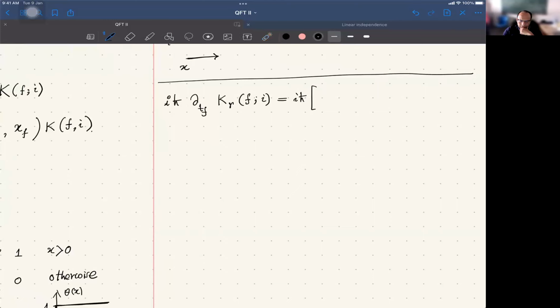So that term is delta of t_f minus t_i times K of x_f, t_f; x_i, t_i.